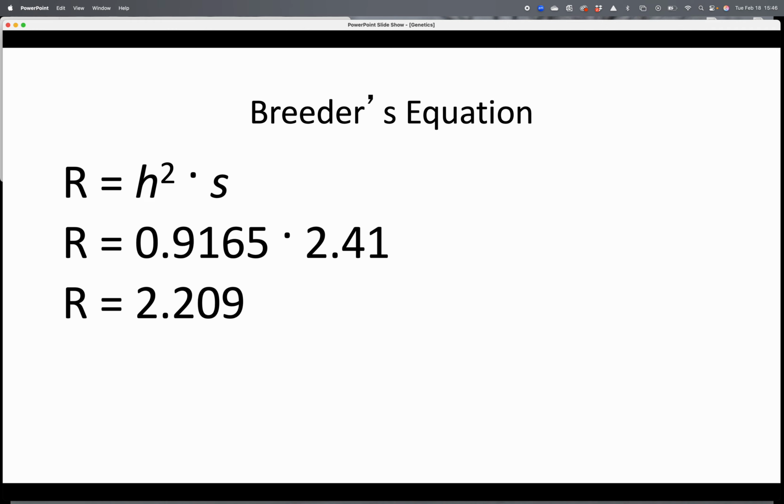Now imagine that you are a dairy farmer and you want your cows to produce more milk. You could look at your cattle herd that you have, and you could actually look at the mothers and their offspring, and you could basically measure milk production in the mothers, milk production in the offspring, and you could calculate this heritability.